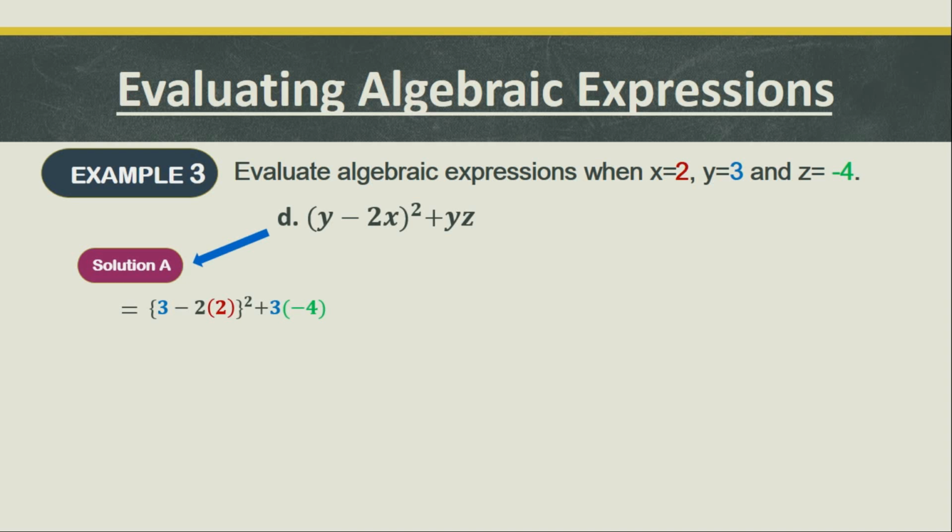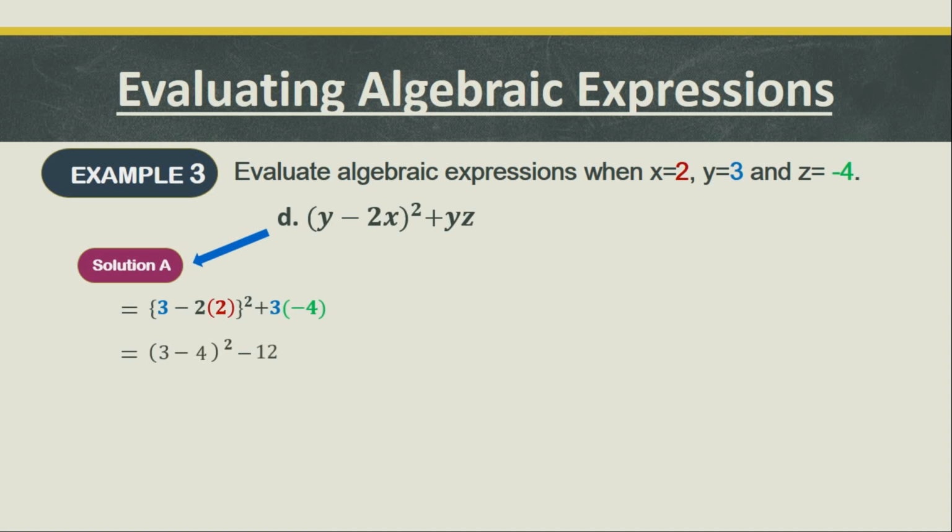Following PEMDAS rule, we must simplify first the ones inside the parentheses. So this is equal to open parentheses and then copy 3 and then simplify negative 2 times 2, which is equal to negative 4, and then close parentheses, squared. Then simplify positive 3 times negative 4, which is equal to negative 12.